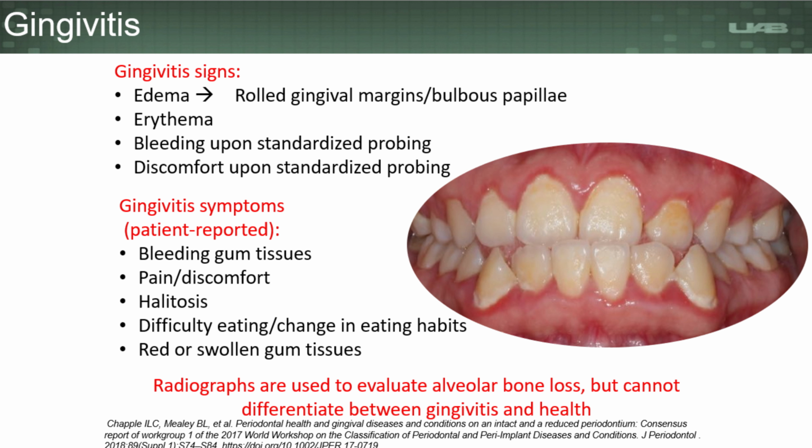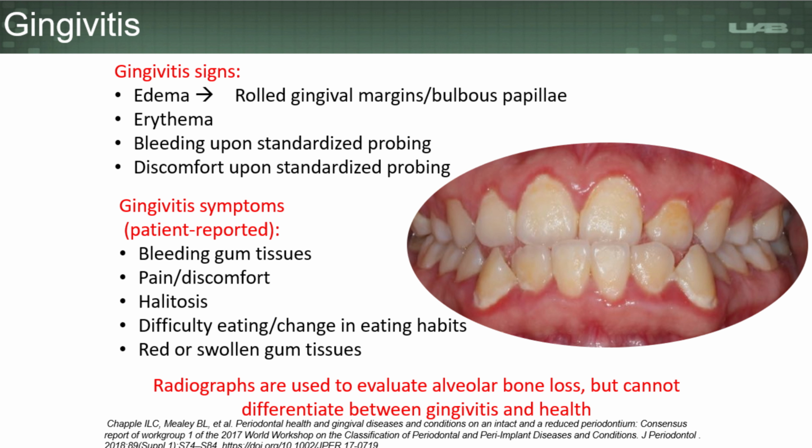So if you tell me a patient has gingivitis, I know a couple of things. I know this patient has gingival inflammation and has no bone loss. And that's important to know, because if a patient has had bone loss, gingival inflammation becomes a very strong indicator or risk factor for future bone loss.